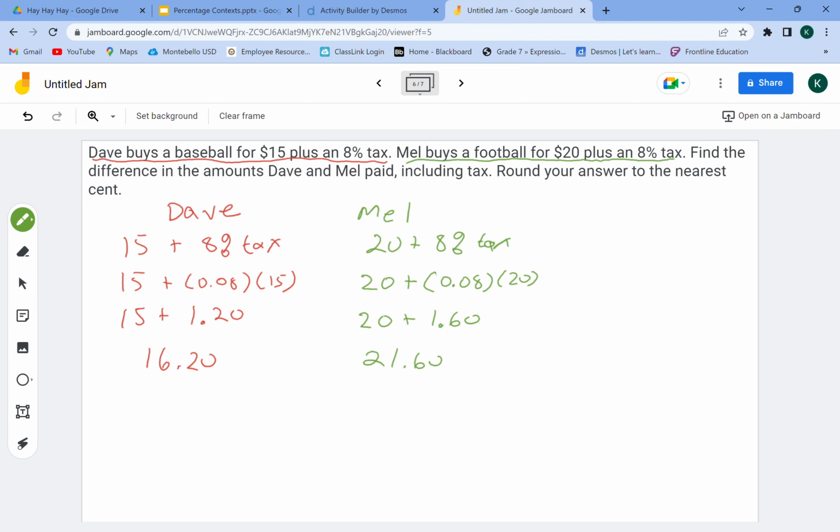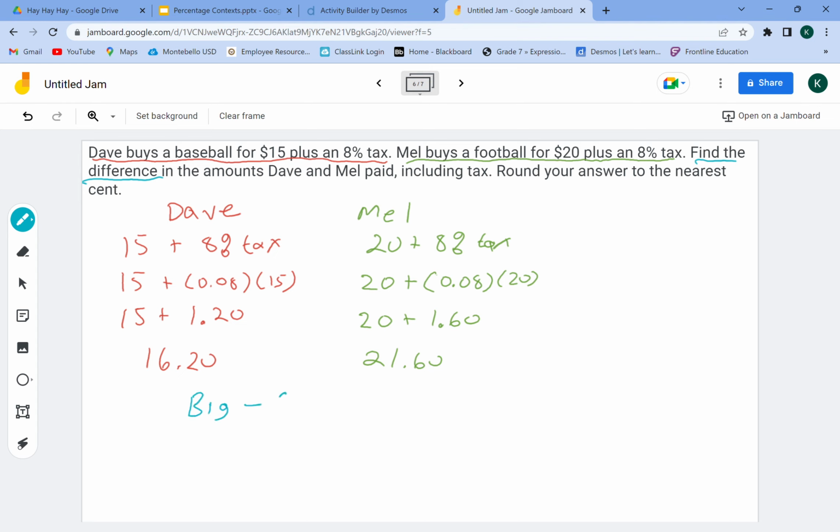But then, if you notice, I'll put this in blue, it's asking to find the difference. If you remember back in our elementary and sixth grade days, difference means subtract. So I want to find the difference between these two. When you're finding the difference, it's always big minus small.